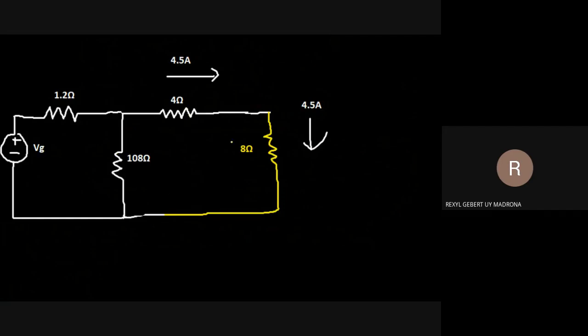We already found out that the current flowing in the 8 ohm resistor is 4.5. And since these are in series with the 4 ohm resistor, the current flowing in the 4 ohm resistor must also be 4.5 amperes. So let's split the 4 ohm resistor back into its original components, 20 ohms and 5 ohms.